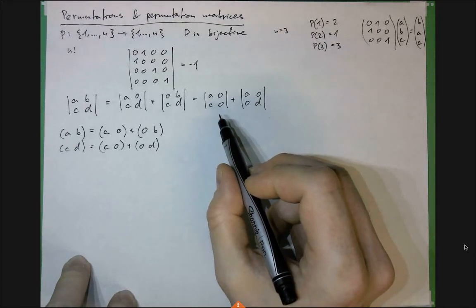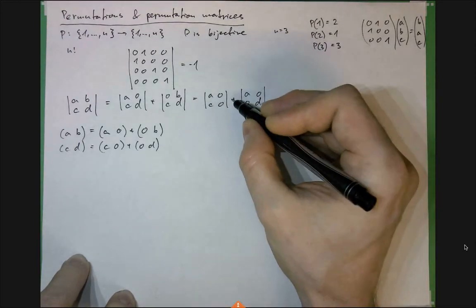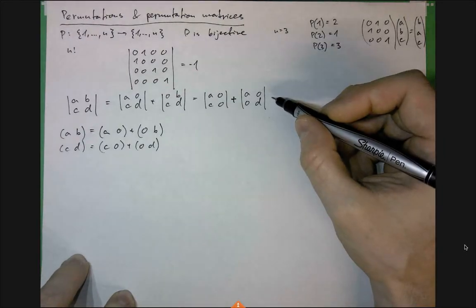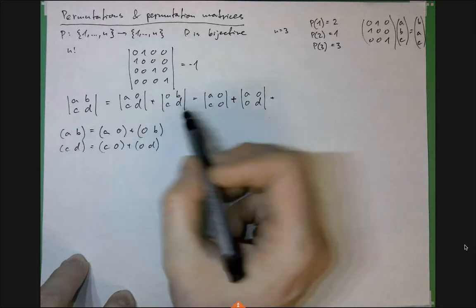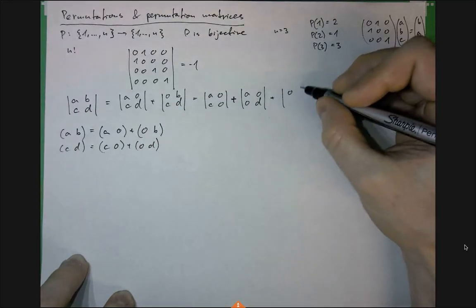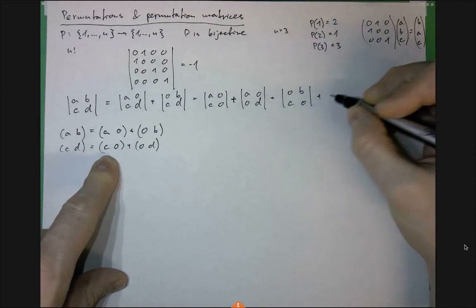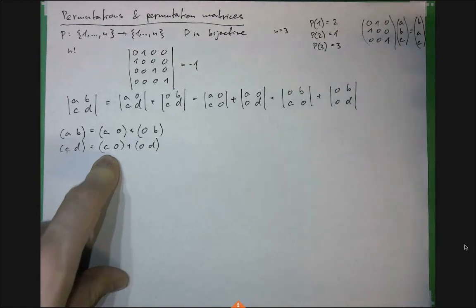I'm not finished yet. What follows is the splitting of the second one: here is (0, b) with (c, 0), and here is (0, b) with (0, d).